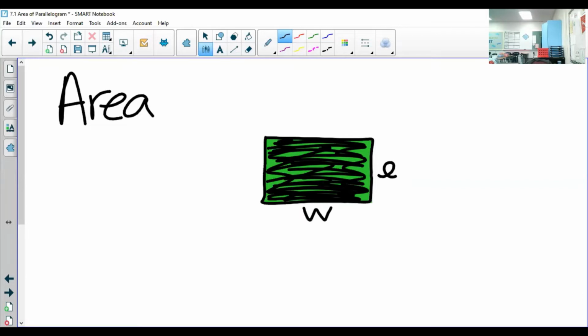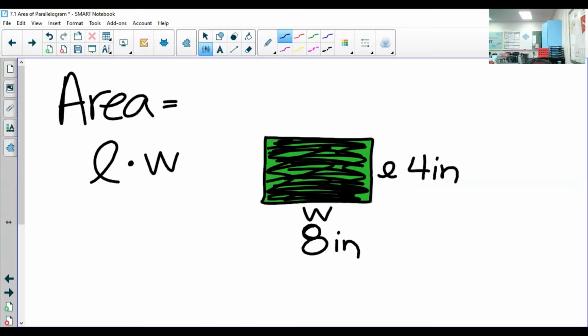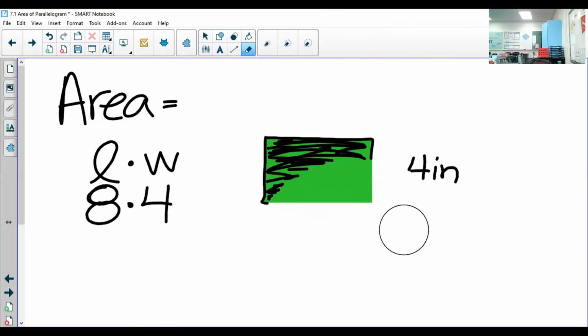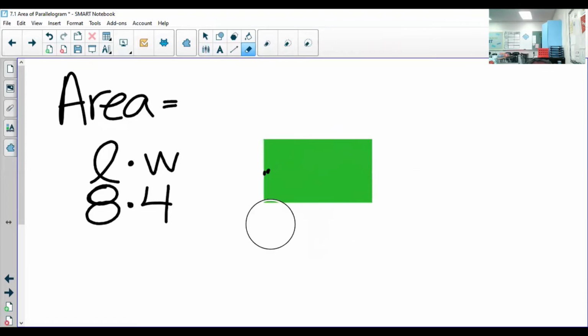Okay, so to find the area of a rectangle, you would just multiply length times width. So let's say this was 8 inches and that was 4 inches, right? If we wanted to find the area of this green rectangle, we would just do 8 times 4, okay? But we are actually learning something different. I just wanted to show you where we get that formula from, right there, length times width, okay?